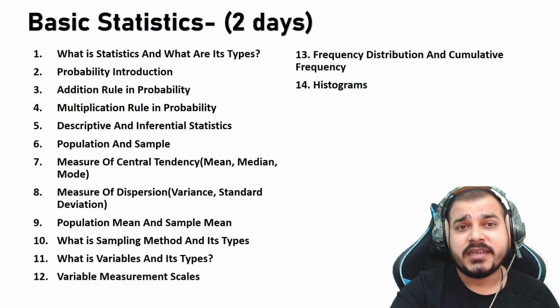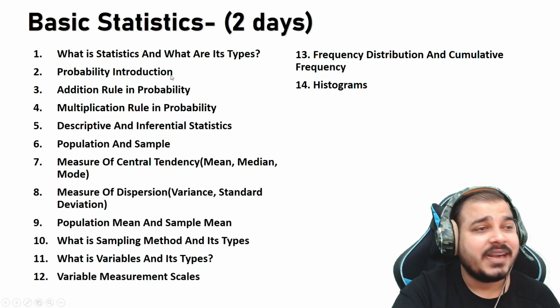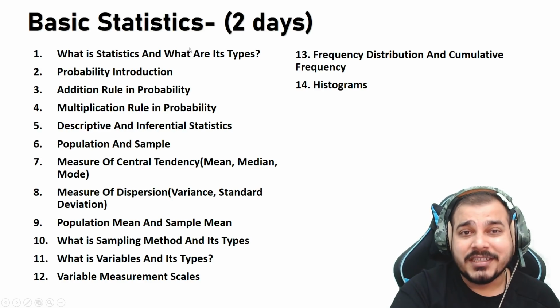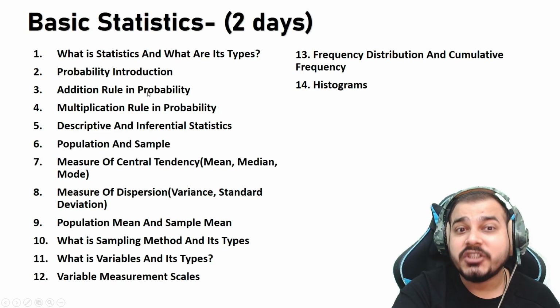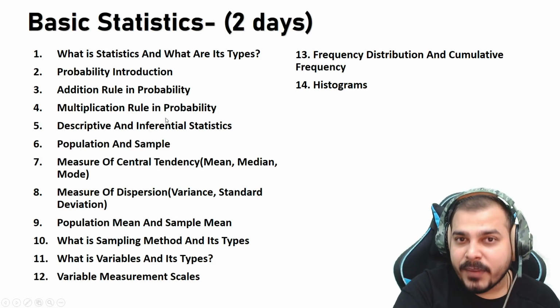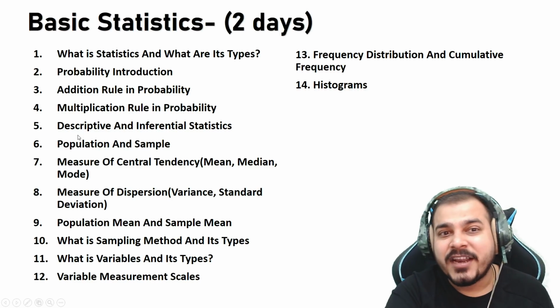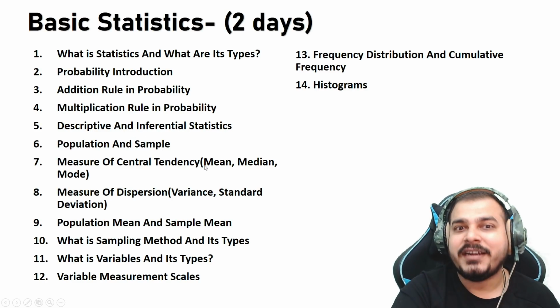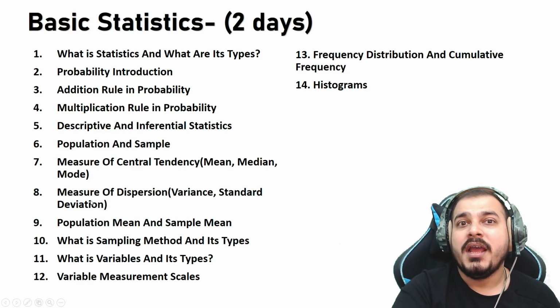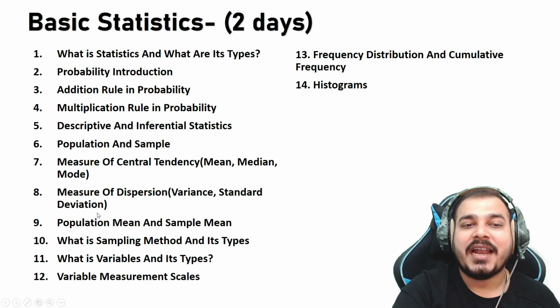And in the basic stats part, these are all the topics that I have written. What is statistics? What are its types? Probability introduction, addition rule in probability, multiplication rule in probability, descriptive and inferential statistics, population and sample, measure of central tendency like mean, median, mode, measure of dispersion like variance, standard deviation.